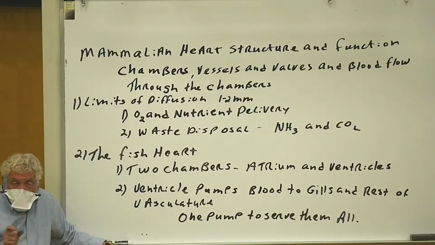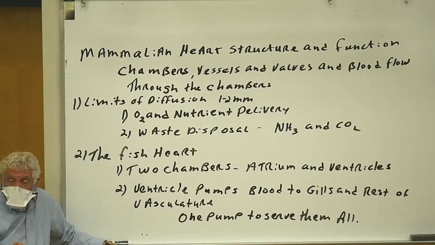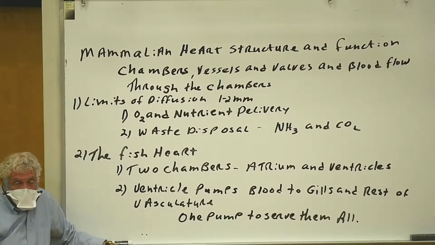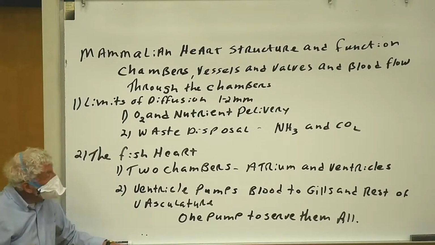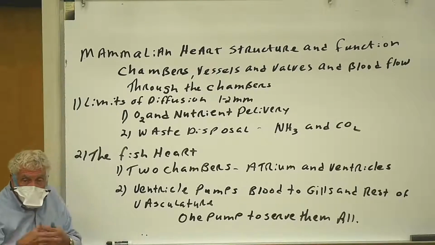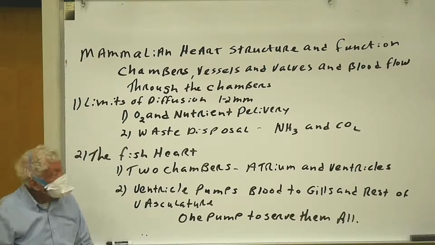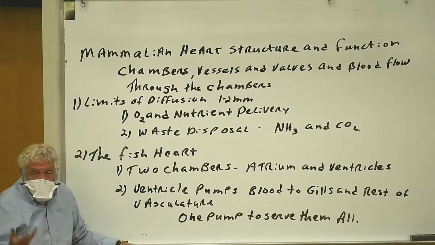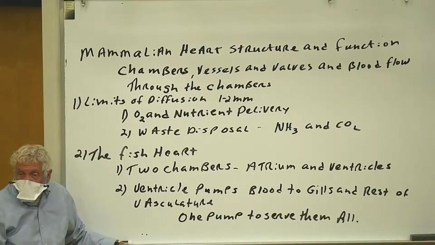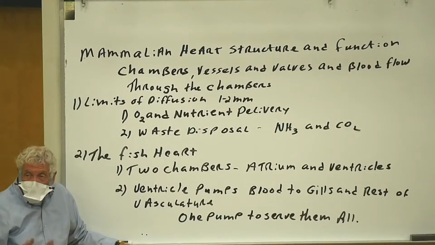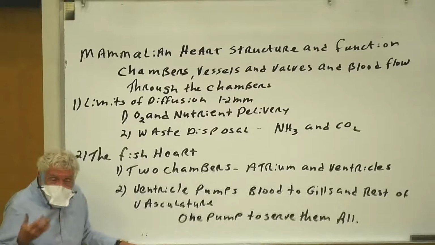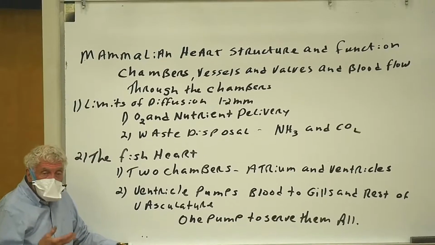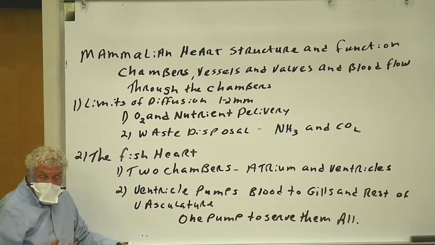That's all the farther we can get significant diffusion of oxygen, nutrients or waste products. So in larger organisms, we need some means of bringing the fluid, which used to be the ocean, to all of these cells within 1 to 2 millimeters. That's the genesis of the idea of having a heart and a vascular system, a series of tubes through which we can move the fluid.